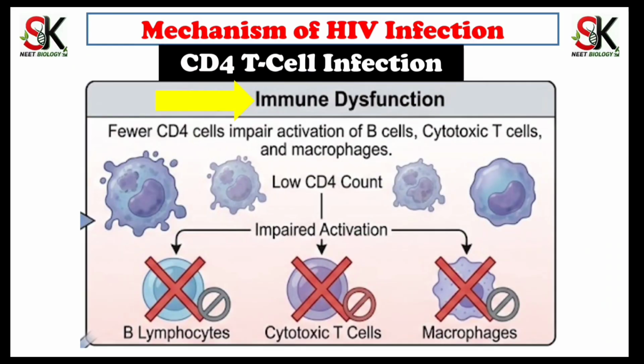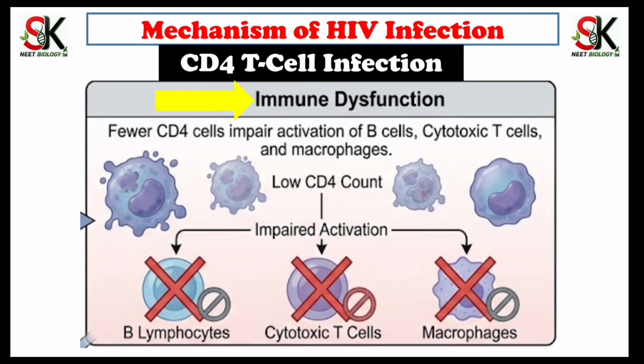Next step in CD4 T cells is, as HIV multiplies, it gradually destroys helper T cells. The number of CD4 cells decreases progressively, weakening both humoral as well as cell-mediated immunity. So, this step is immune dysfunction, which results in impaired activation of B lymphocytes, cytotoxic T cells as well as macrophages.